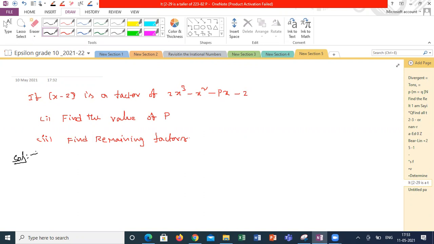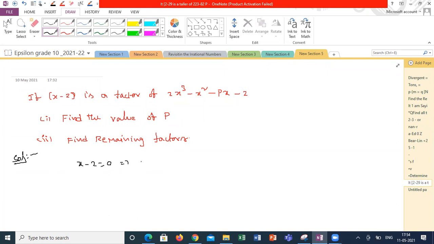Which concept do I have to use to calculate the p-value? Sir, the value of p is 5. Yeah, how did you calculate it? Remainder theorem, x minus 2, yes sir.